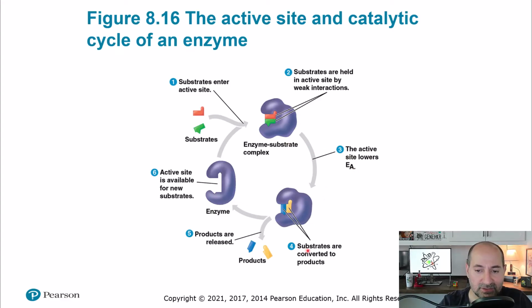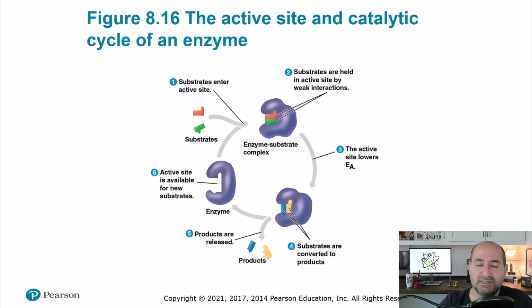This allows the substrates to be converted to products. The products are released, and then the active site is available for the enzyme to do this again and again and again. Remember, enzymes are not consumed by the reaction that they catalyze, right? Enzymes can do this cycle over and over and over again.